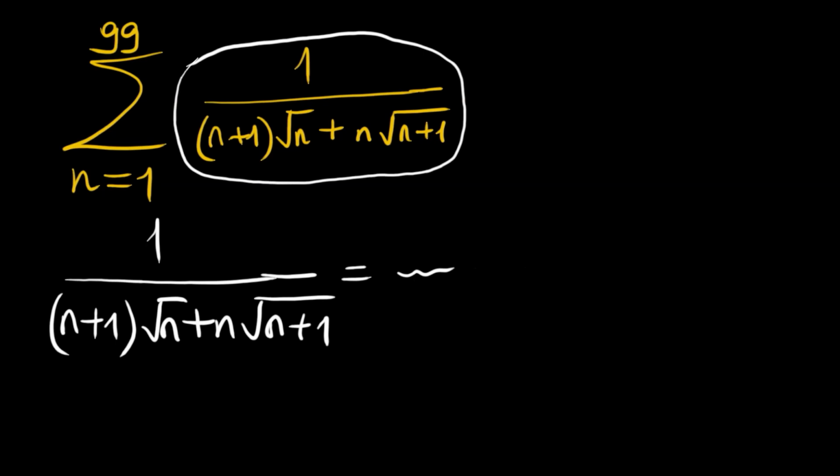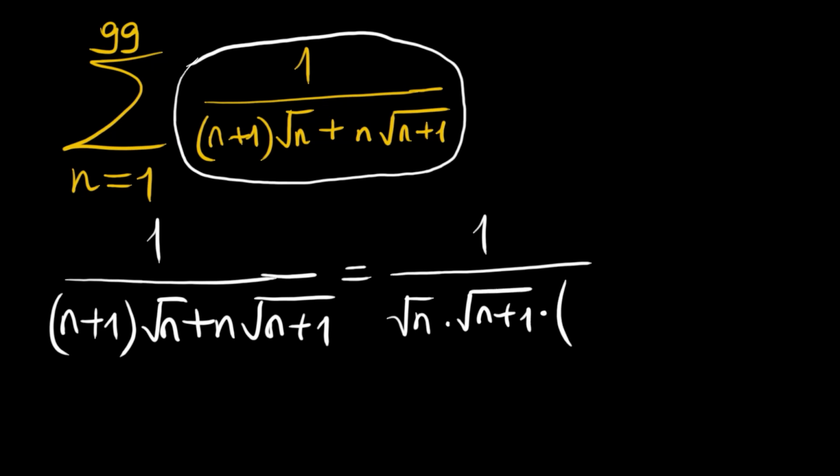Let's try to find what we can do. We have n plus 1 and root n plus 1, so we can factor one of the root n plus 1s, and we have root n and n, so we will factor root n and root n plus 1 out.